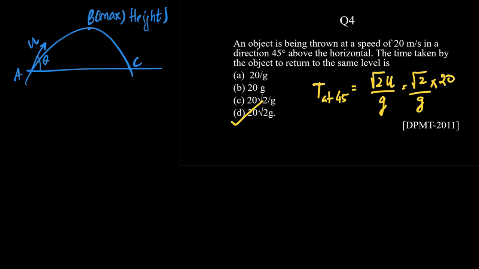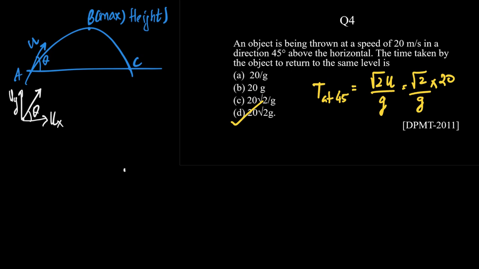Now we know that when a body is projected with velocity u at an angle theta, it will have two components, one will be ux and the other will be uy.